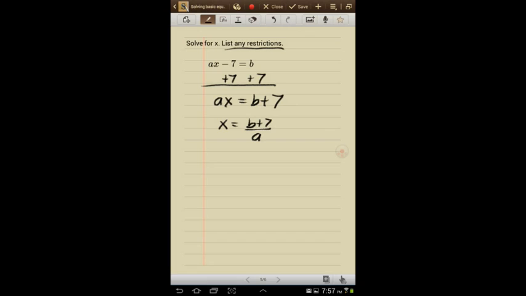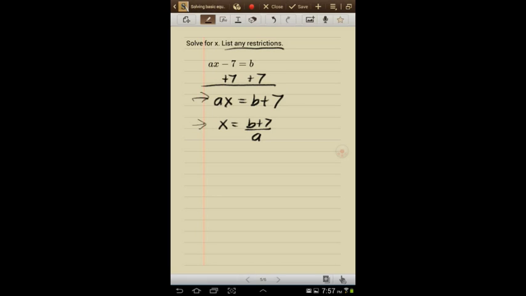This restriction part up here at the top. The restriction is there's a value or maybe multiple values of the variable which might not work out. Well, look at this last step from here to here. We divided by a. What number can you never divide by? Think back to your grade school math.